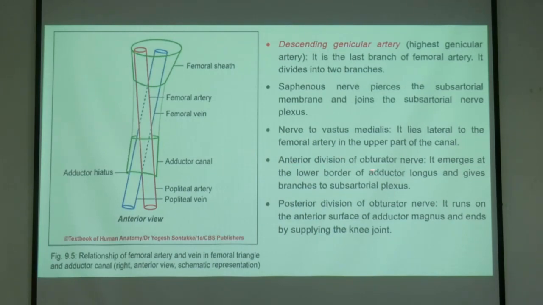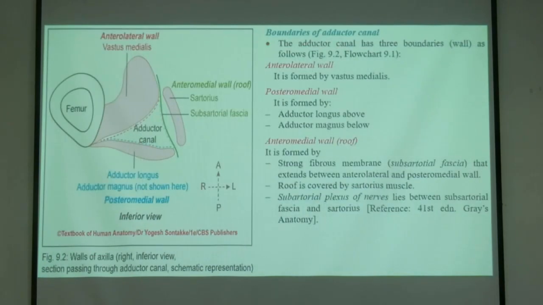Anterior division of obturator nerve emerges at the lower border of the adductor longus and gives branches to the subsartorial plexus. And posterior division of obturator nerve runs on the anterior surface of adductor magnus and ends by supplying the knee joint. Okay, so these are the continuation of this content.